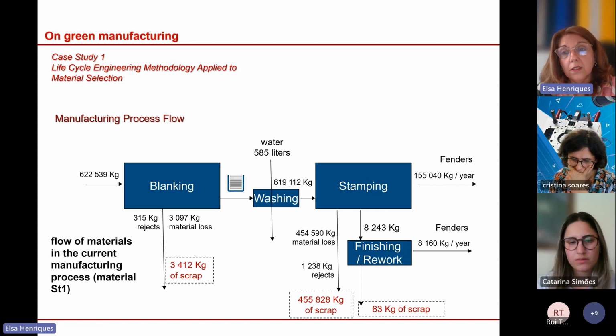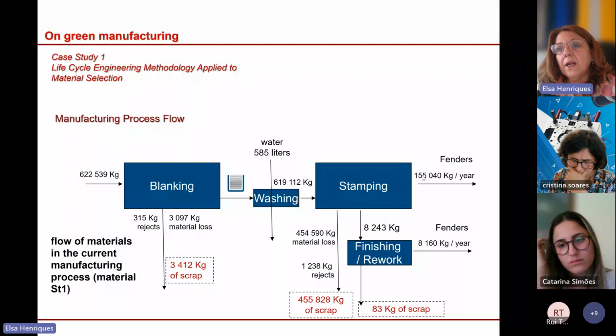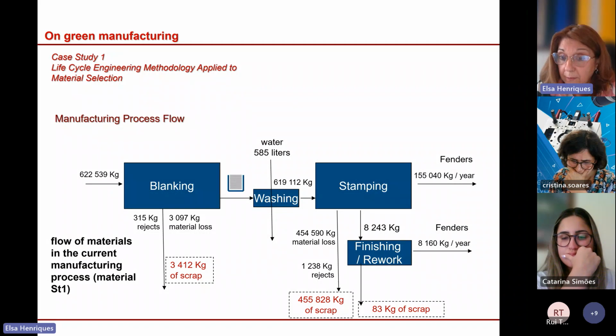which means that in terms of output, the mass of the final fenders is around 160,000 kilos of steel per year.